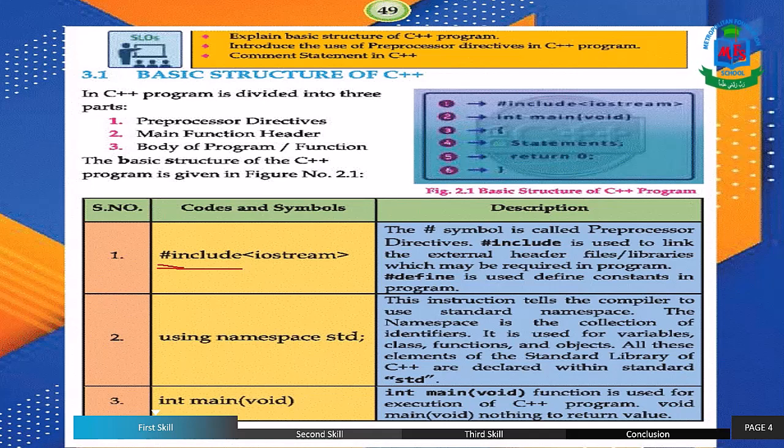This instruction tells the compiler to use the standard namespace. A namespace is a collection of functions, classes and objects, and all these elements of the standard libraries of C++ are declared within the standard std.